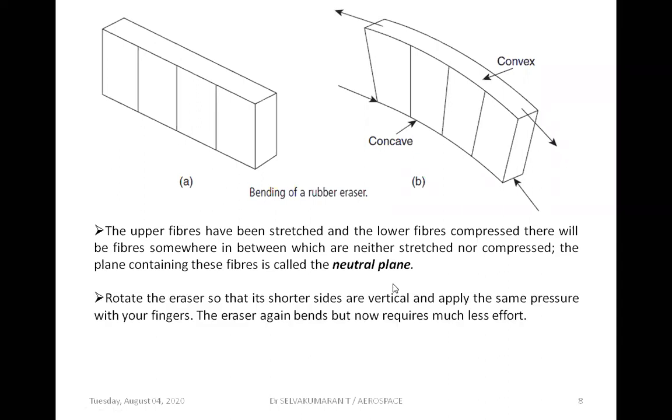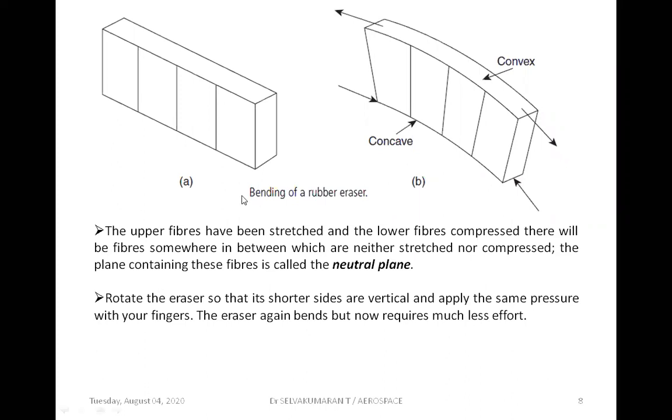Very, very important. Always the bending stress is zero at the neutral axis, whereas the shear stress is maximum at the neutral axis. These things you should keep in mind always while solving problems related to bending stress and shearing stress. Okay, so this is what I was trying to say.